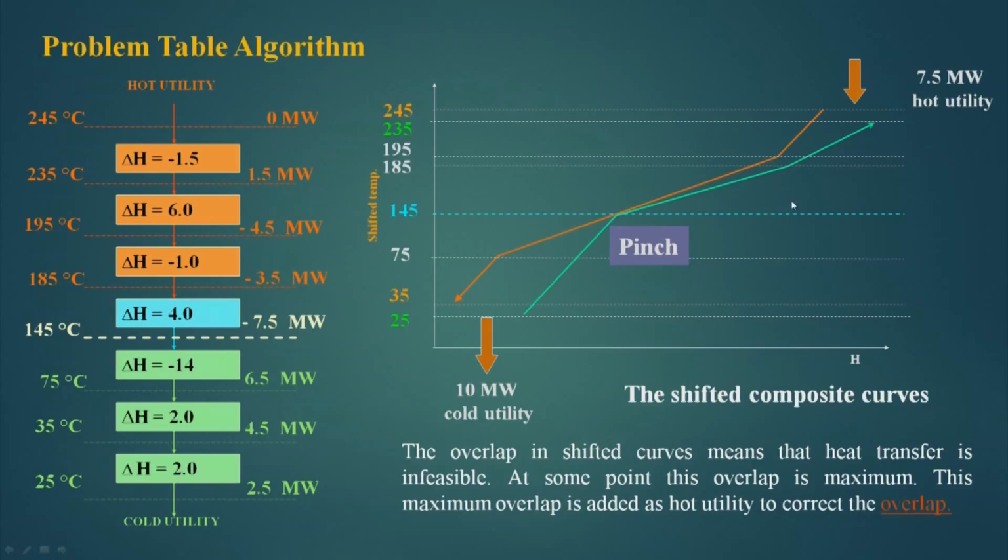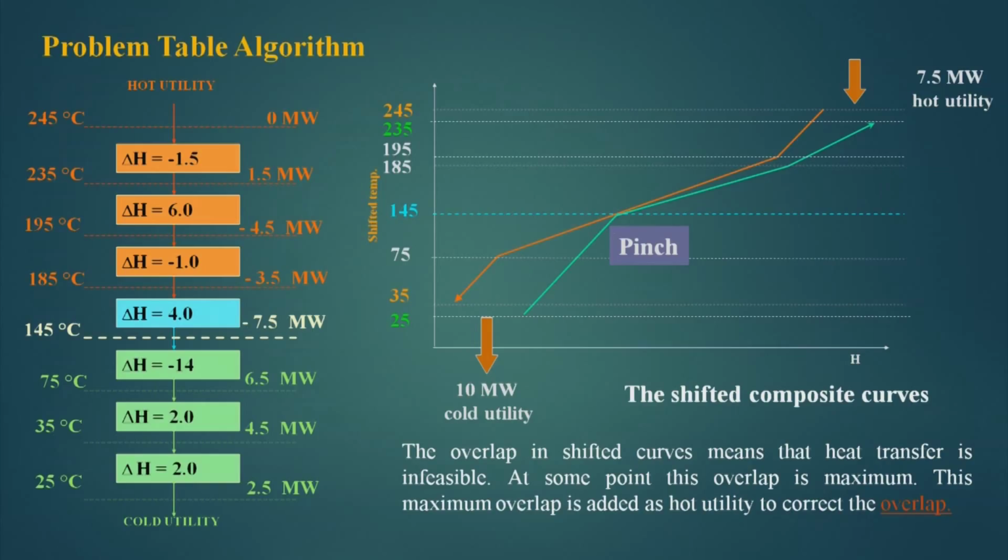Now, this situation, which is a feasible situation, has to be translated to this, and the question is in which way we should operate so that this non feasible solution converts into a feasible solution, and the solution represents this state of the hot and cold composite curves.